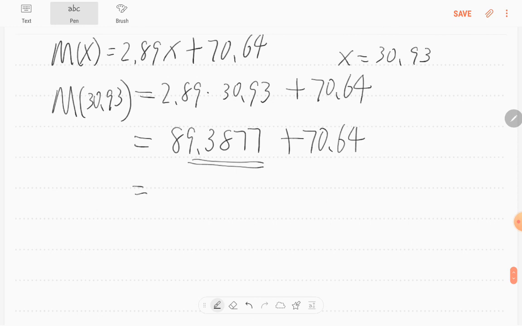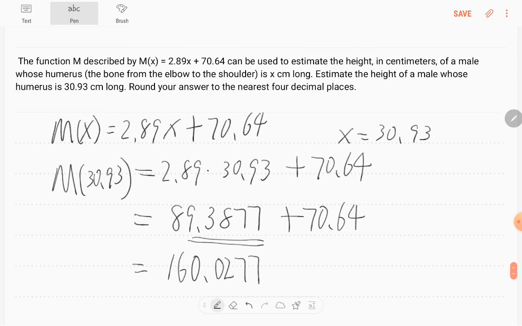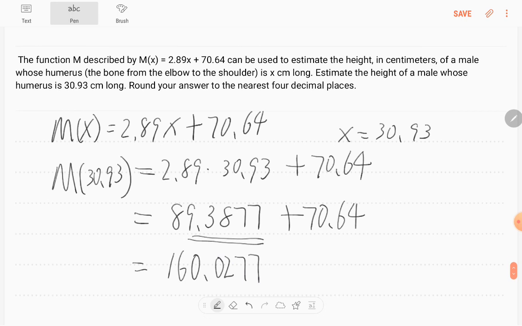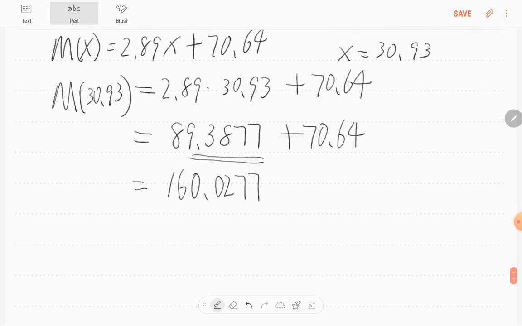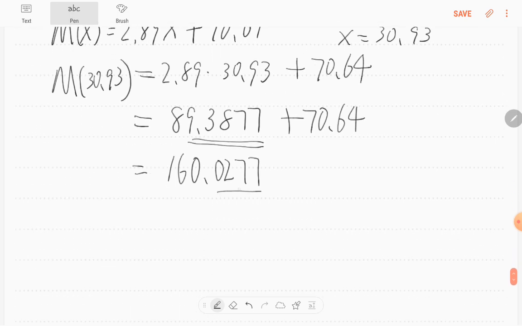If you do the calculation here, you add 70.64, which is equal to 160.0277. Since it asks you to round your answer to the nearest 4 decimal places, this is 4 decimal places already, so you just keep it. This is your answer, in centimeters.